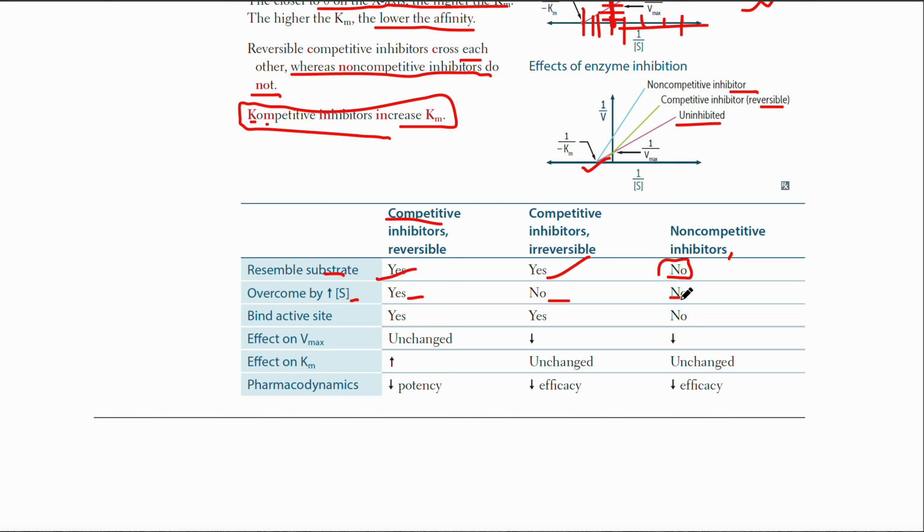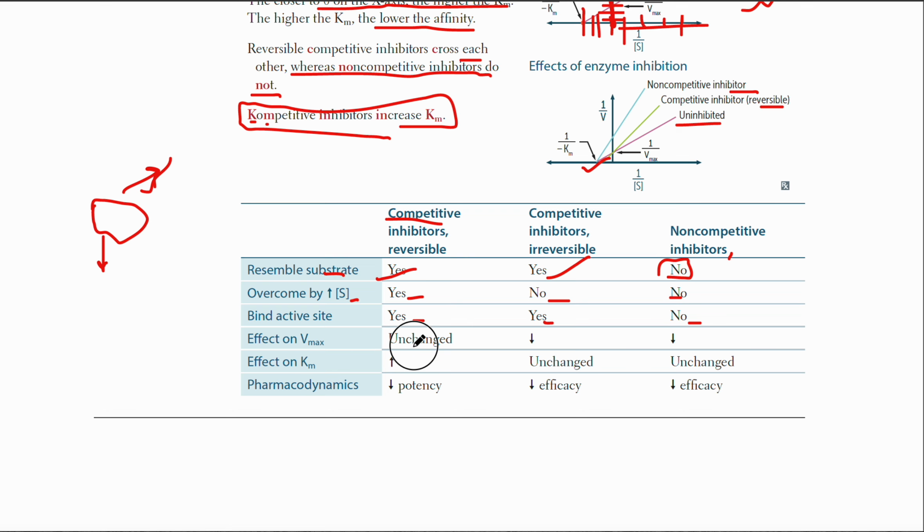Do they bind the active site? The enzyme has two sites, right? This is the active site, and the site other than the active site is called the allosteric site. So competitive inhibitors, reversible, bind the active site; irreversible ones also bind the active site; non-competitive inhibitors do not bind the active site, which means they bind the allosteric site, right?